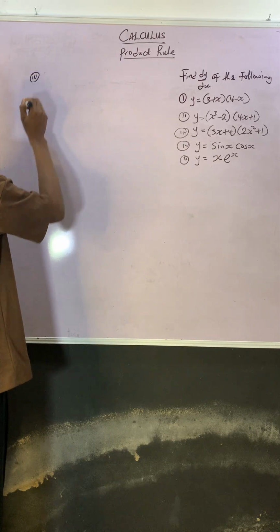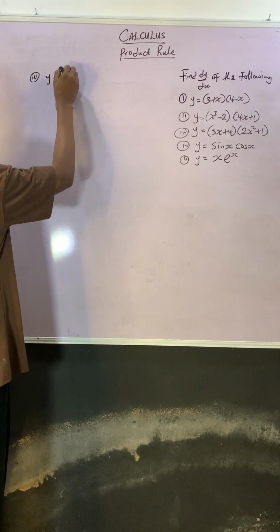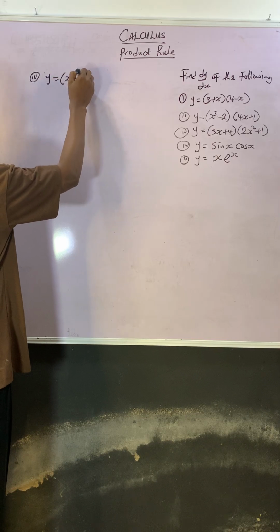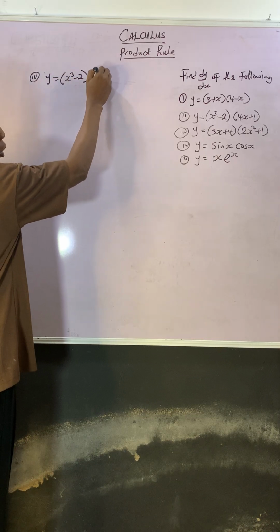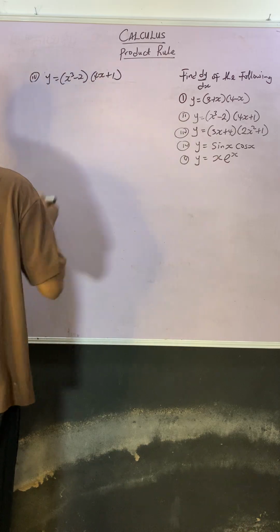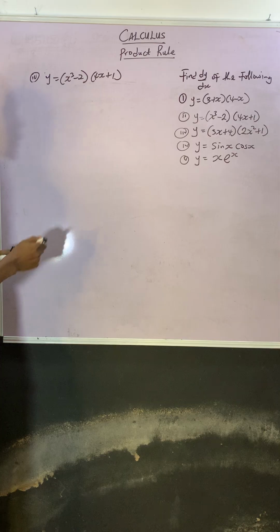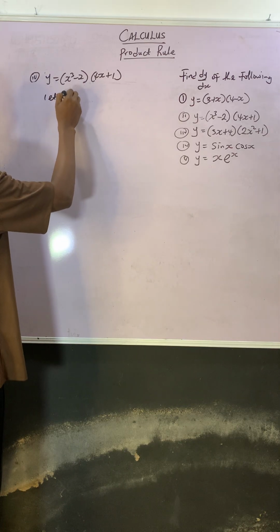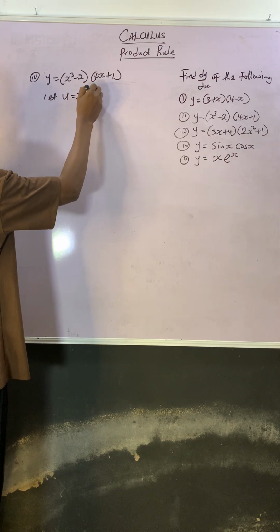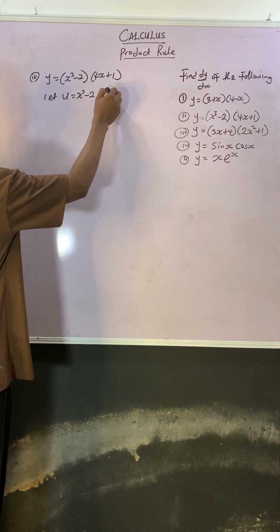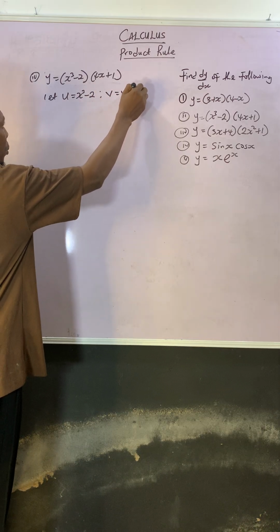For question 2, we have y equals x cubed minus 2, bracket 4x plus 1. Remember I said assign a variable to both of them. So let u equals x cubed minus 2, and let v equal 4x plus 1.